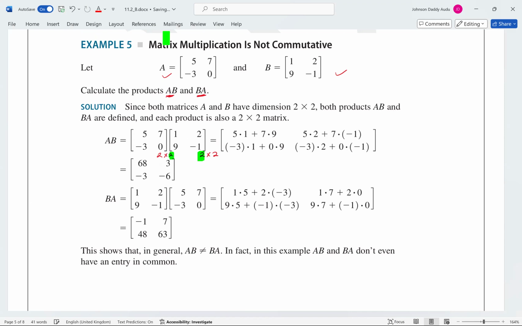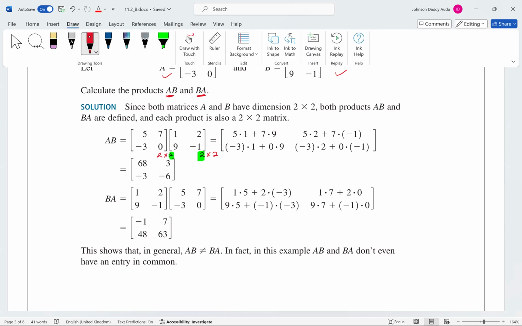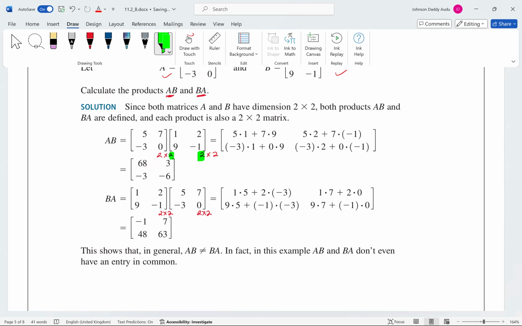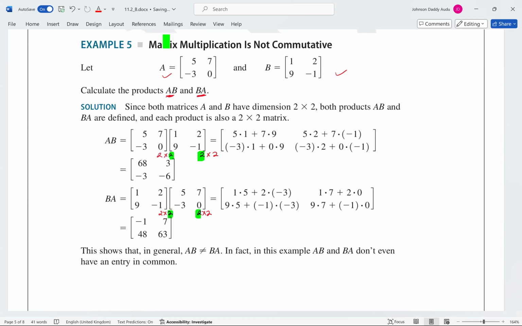Now, if you want to find BA, it is also going to be 2 by 2, and this is 2 by 2. So this also makes sense, because you will have 2 here, 2 here. This is still good.